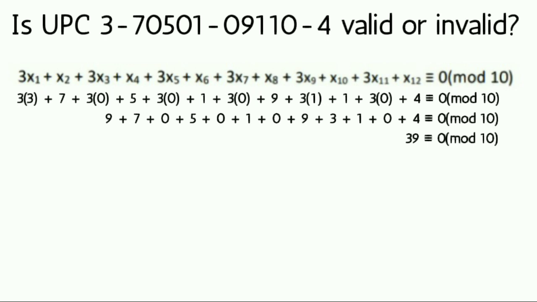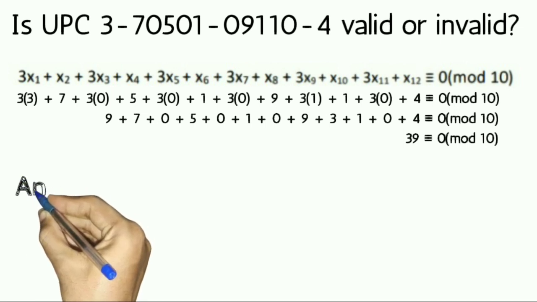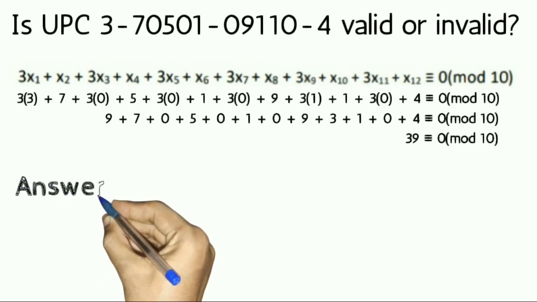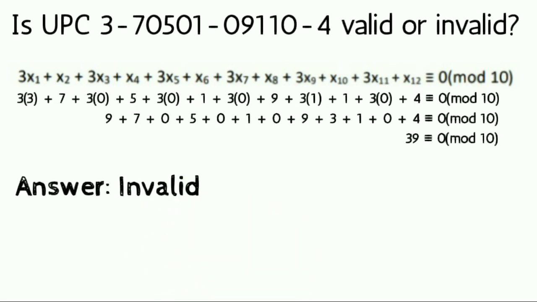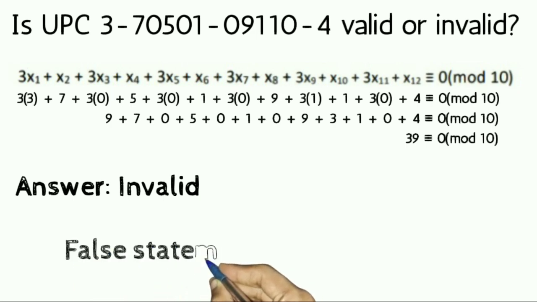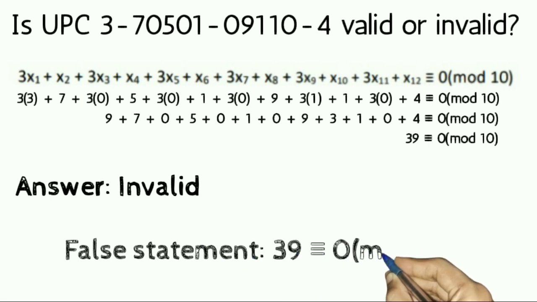That means 39 minus 0 is not divisible by 10. Therefore, UPC 370501091104 is invalid because the calculation results in a false statement as follows.